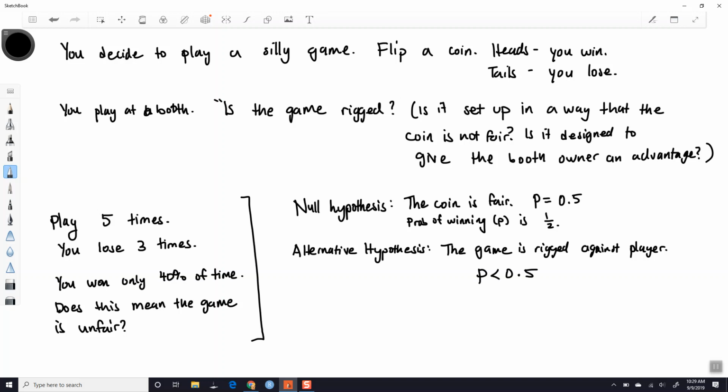We'd say, oh, everybody should play this game and take advantage of the fact that you've got a greater probability, right? We only get upset if we find out that they're doing something that disadvantages the player, okay? So here we would only be upset if it turns out that the coin is set up in such a way that it's going to land heads less than half the time, okay?